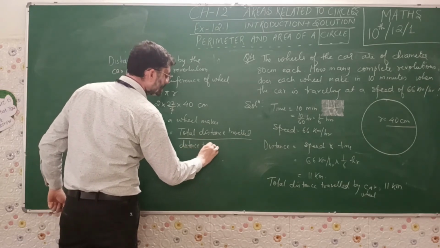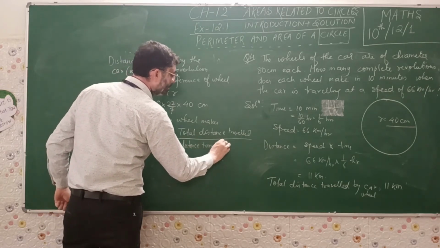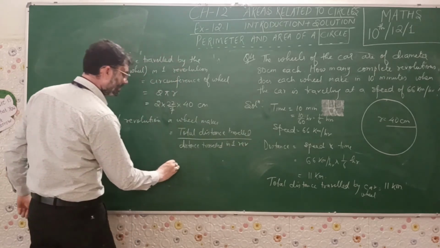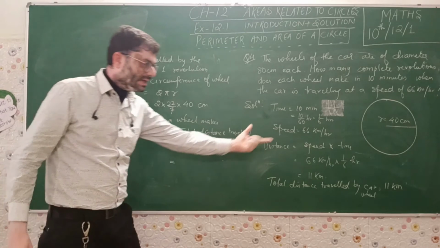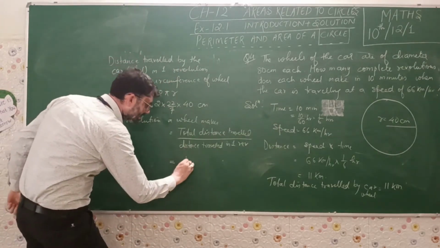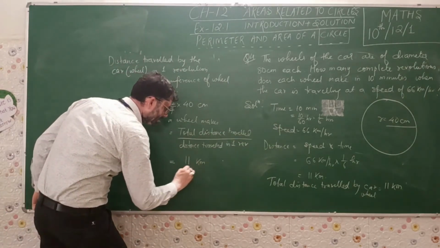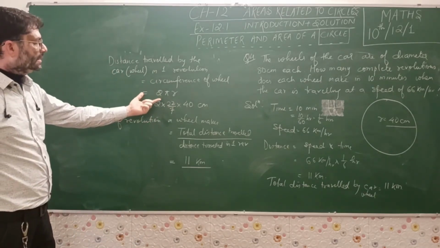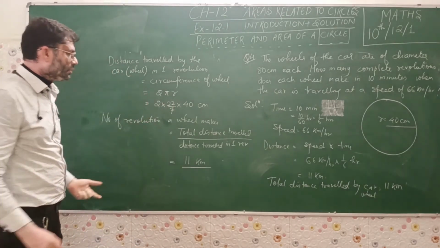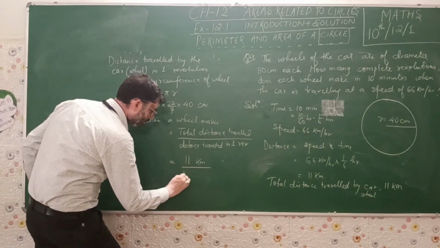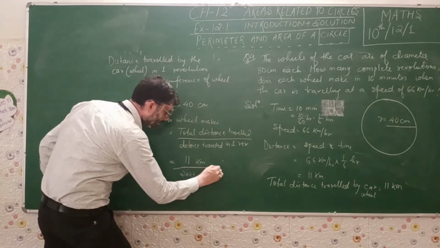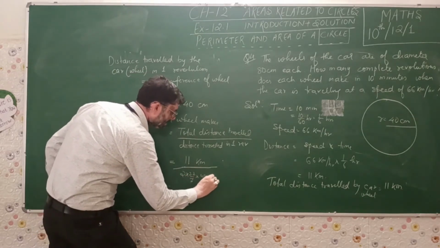Remember, the total distance traveled was 11 kilometers, and the distance traveled by the wheel in one revolution was 2 into 22 by 7 into 40 centimeters.